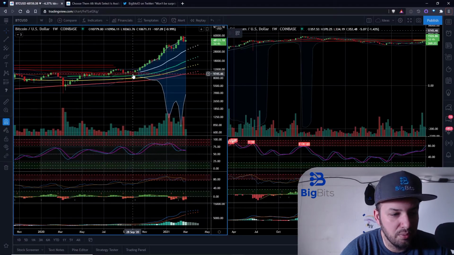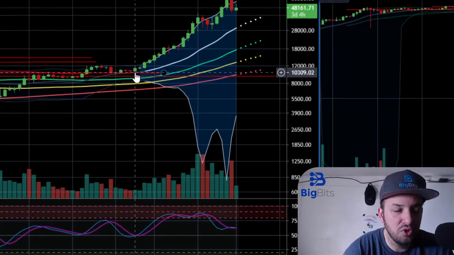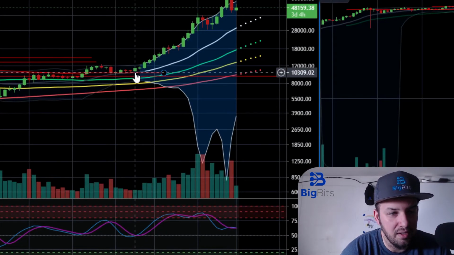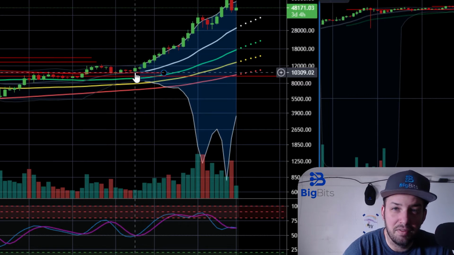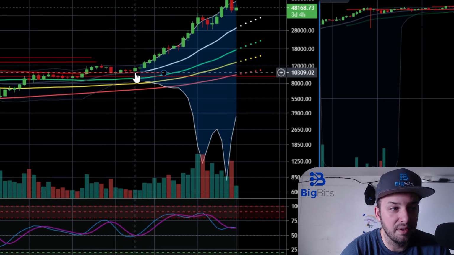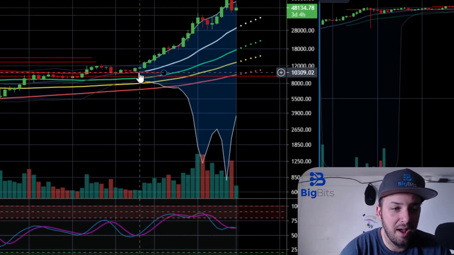I believe that was September or October of 2020. So let's just include October, November, December, January, February. It's been 6 months since we've even tested the mid Bollinger Band on Bitcoin. That's a long time.